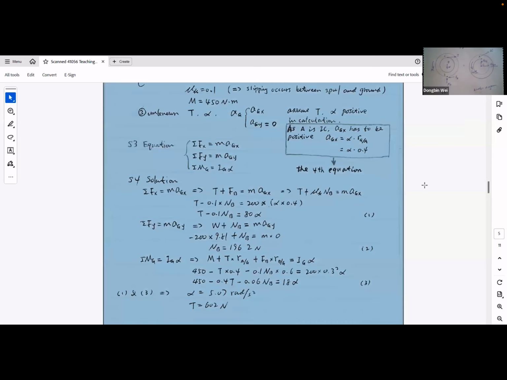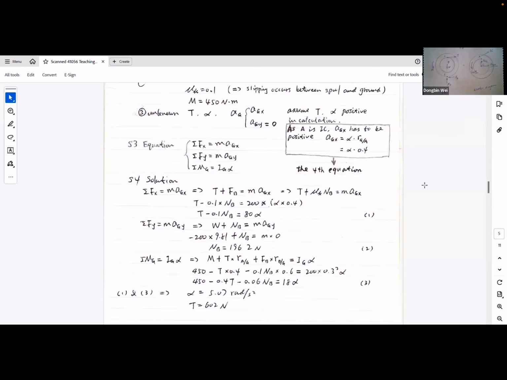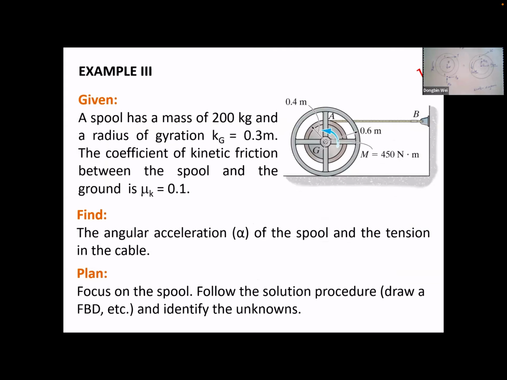So this kind of problem is basically similar to the solution for rotation about a fixed axis problem we practiced last week. Any questions? Okay, so if no questions, let's continue.